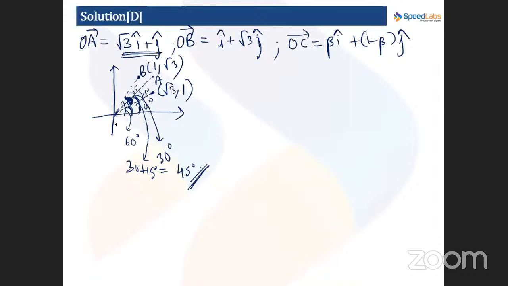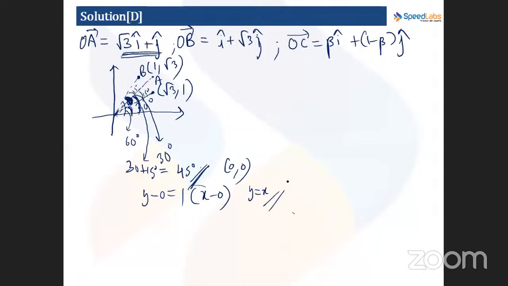Again point slope form: y minus 0 equal to tan 45 degrees, which is 1, times x minus 0. Although I know that y equal to x is that line. So y equal to x is the equation of the angle bisector. Fine. Now what is given? That the distance of this point from this line is 3 by root 2.